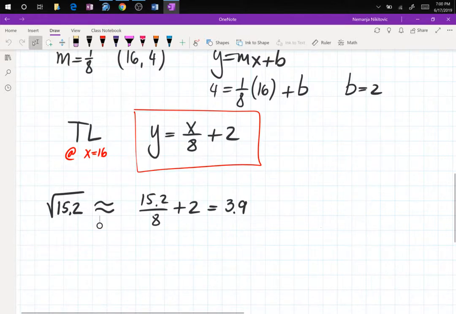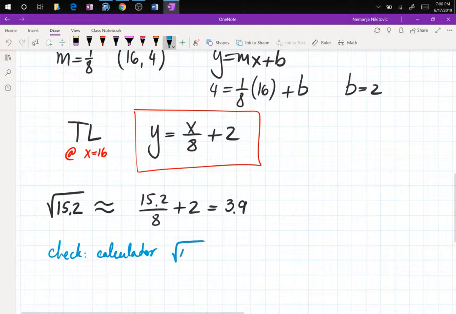15.2 divided by 8 plus 2, 3.9. So now I just want to compare that really quick. Check. Calculator, square root of 15.2. So square root of 15.2, calculator gives me 3.8987.